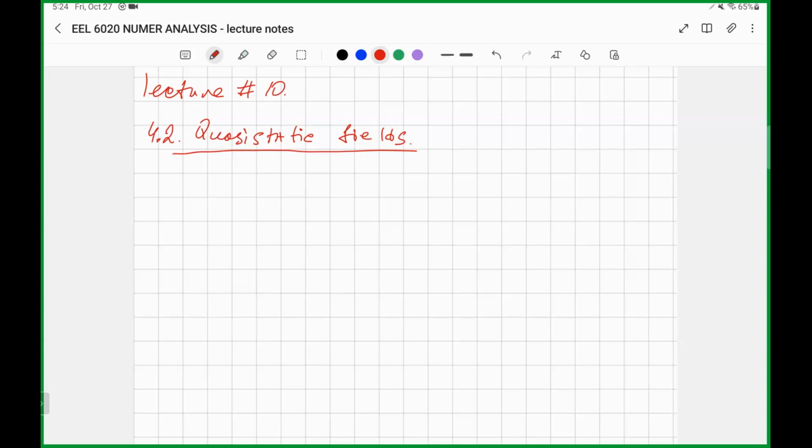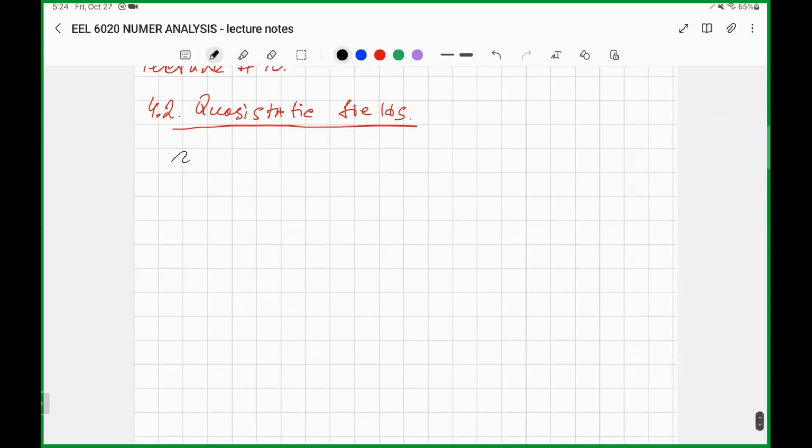This basically means that we can omit the time derivatives of the electric and magnetic fields, comparing them to the spatial derivatives of the same fields.